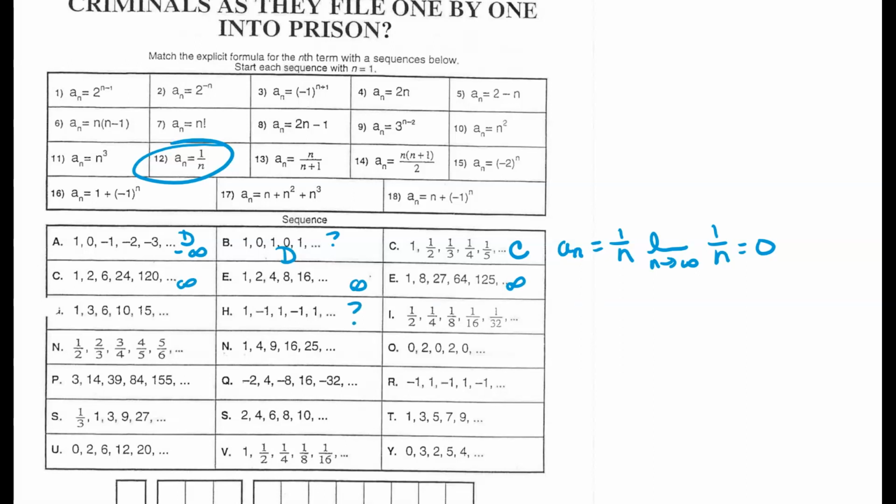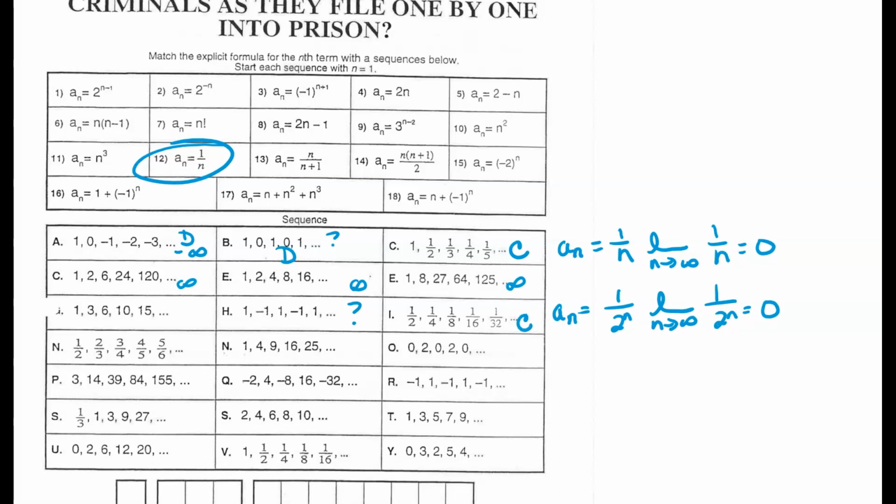Here's another one that can't make up its mind. I is 1/2, 1/4, 1/8, 1/16. It looks like what we have here is 1 over 2 to the n. And if you take an infinity limit there, you've got a constant on top, you've got an exponential on bottom. This one is going to 0 as well and will converge, okay?